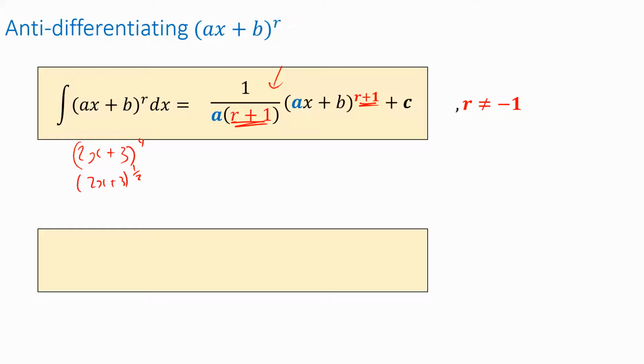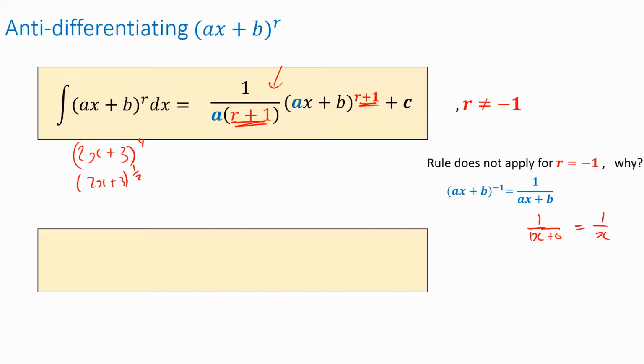Now the question is, why doesn't it apply for r equals -1? If you think and you remember, 1 over ax plus b is almost similar to just saying 1 on x, because that means a is 1 and b is 0. That's the same thing as just writing 1 on x. Now if you remember your derivative rules, derivative of what gives you 1 on x?